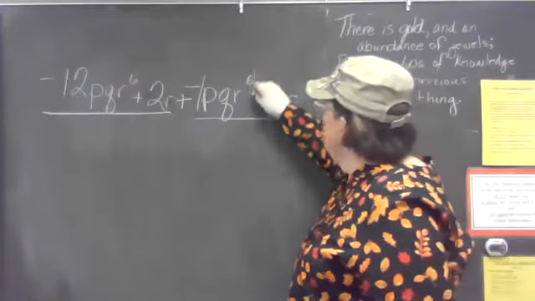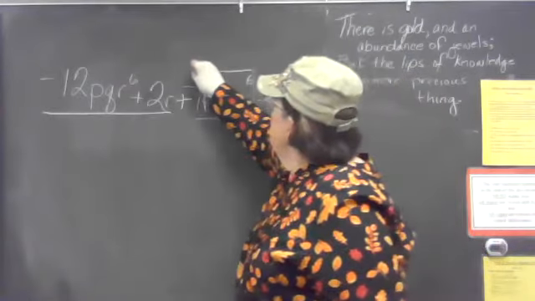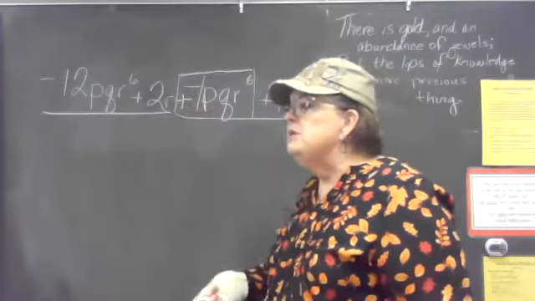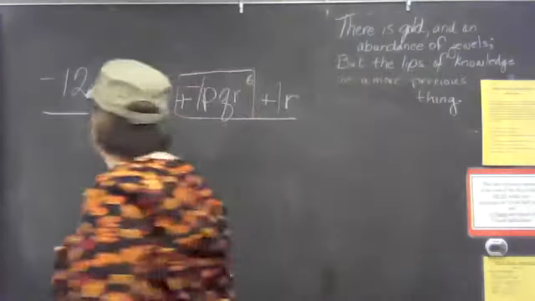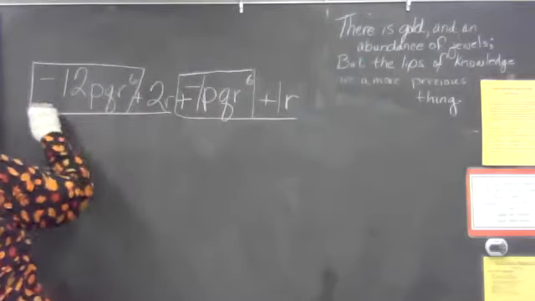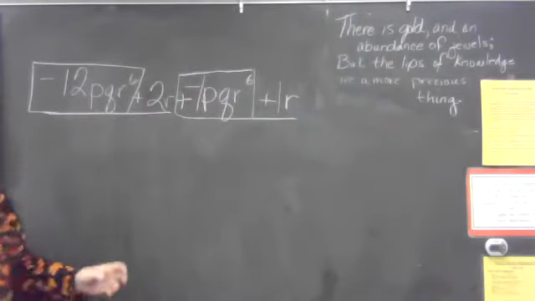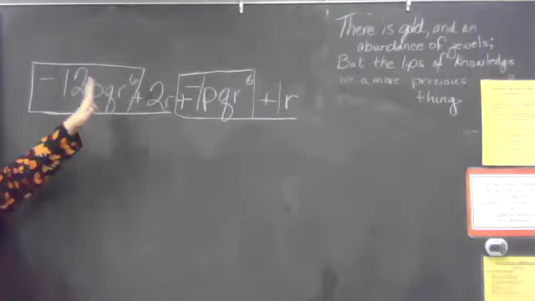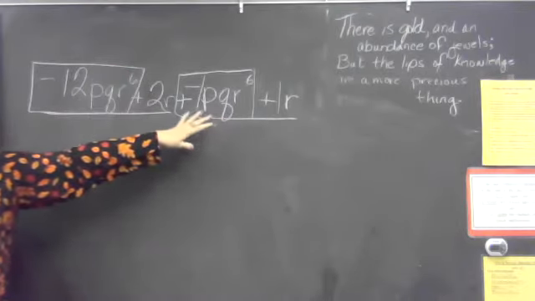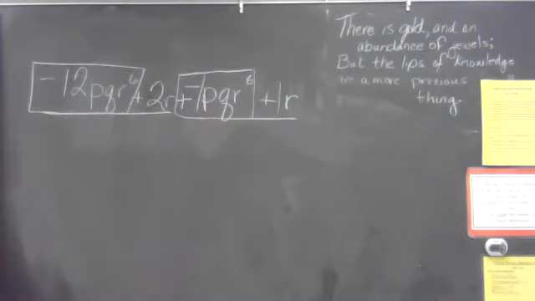All of this has to match. So what you can do is you can box those in, you can use a highlighter, you can underline them, but it kind of helps to isolate these. Now, since these are exactly the same terms, P, Q, R to the sixth, then all you do is use the numbers.